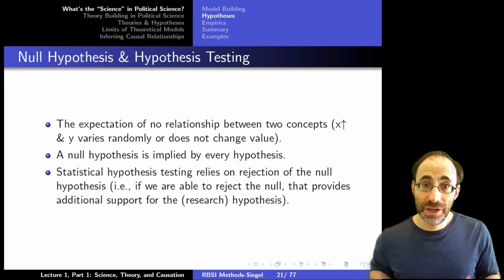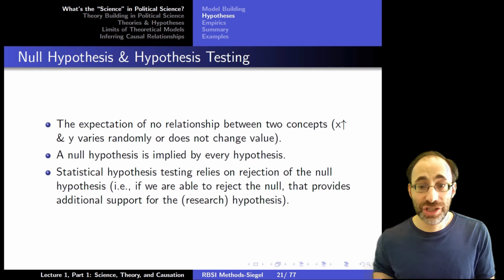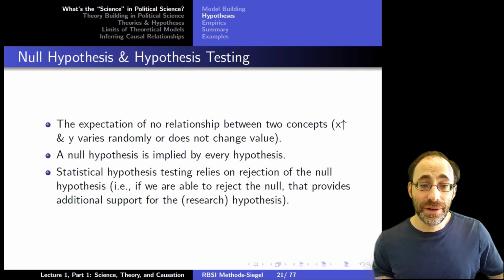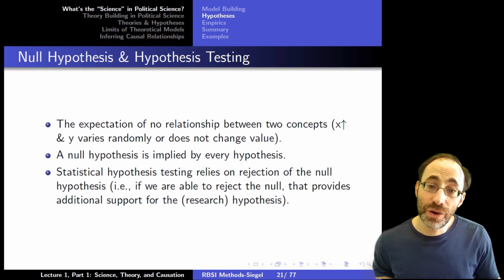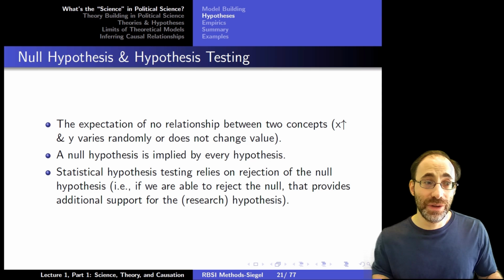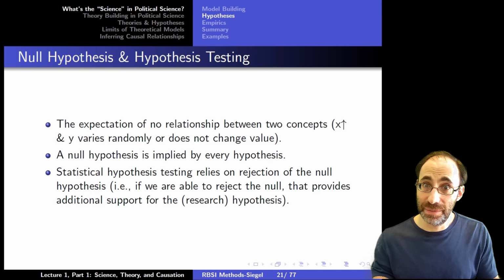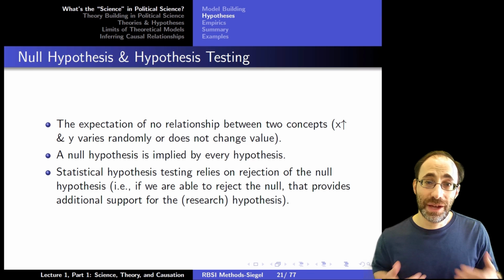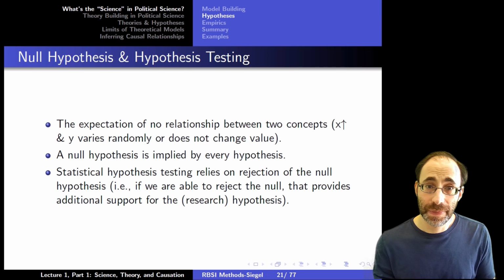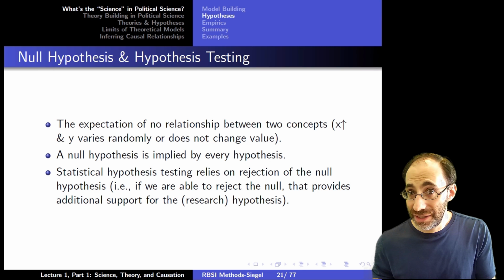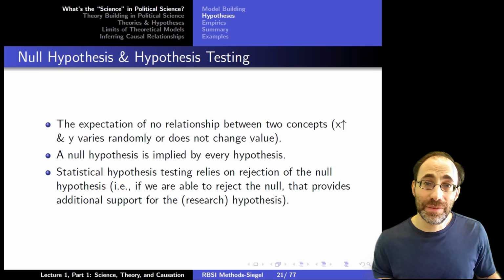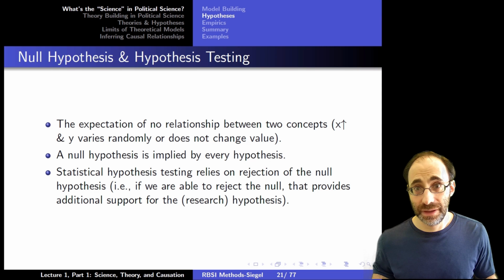The statistical testing we're doing in this course relies upon rejection of the null hypothesis. That is to say, if we can reject the null, that provides additional support for the research hypothesis. So the goal of most of what we're doing is going to boil down to just this last bullet point. We're going to come up with statistical methods to see whether or not we can reject the null hypothesis, to see if we can reject the hypothesis that there is no relationship between our independent variable and our dependent variable.